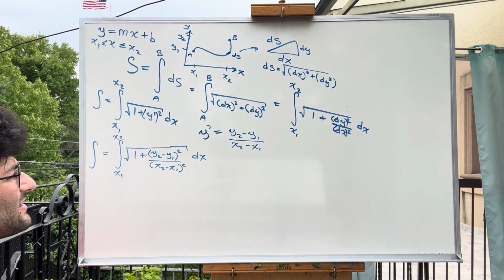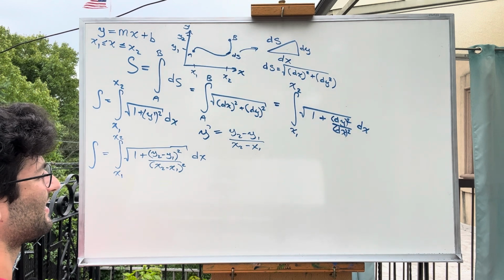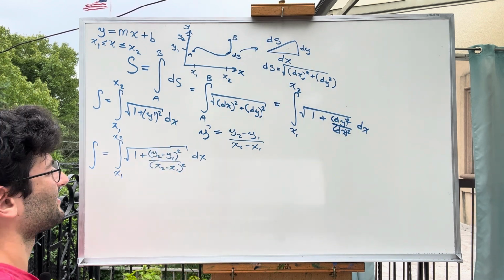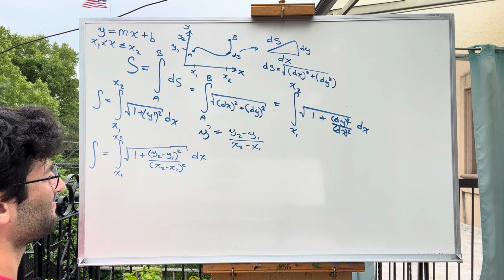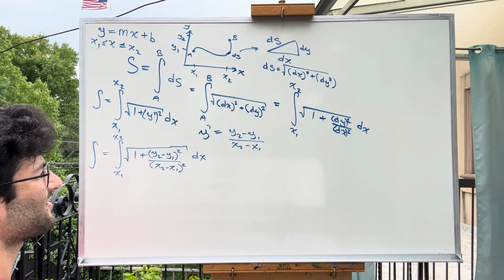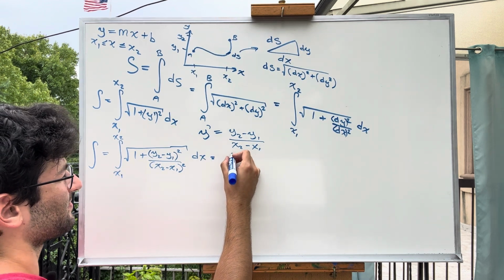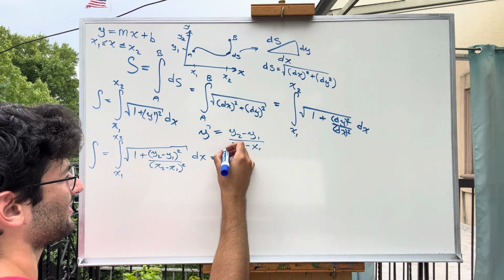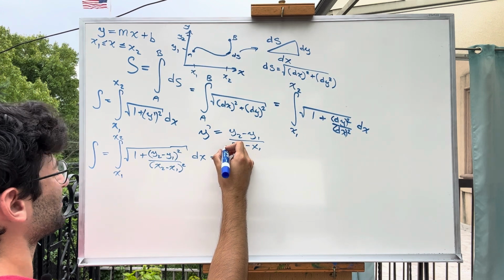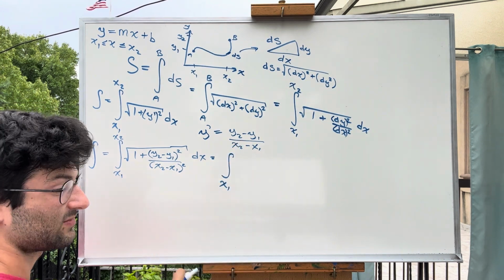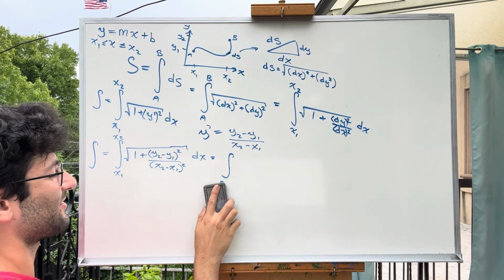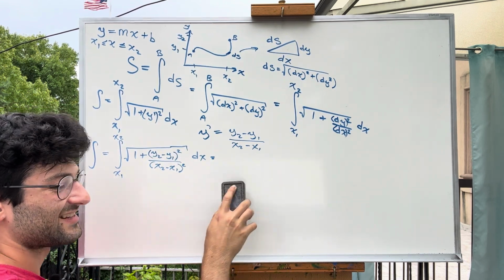Well, when we evaluate this integral, we realize that the integrand is not a function of x. So it's a pretty simple integral to evaluate from x2 to x1. More simple than I anticipated.